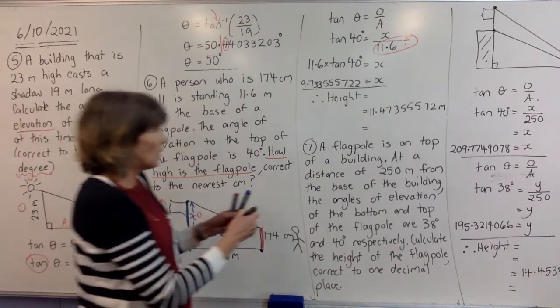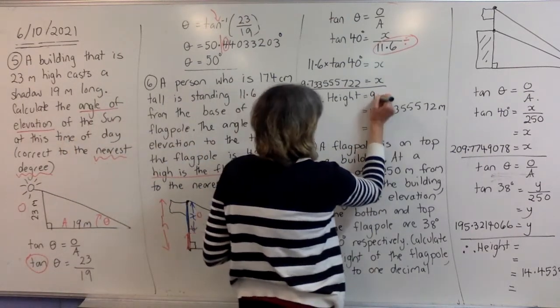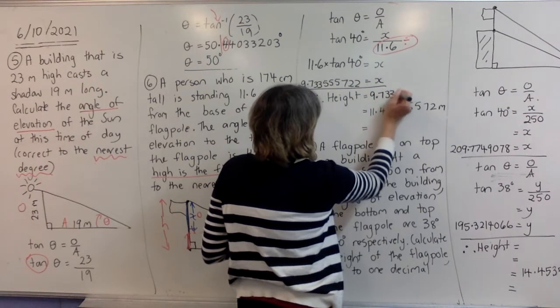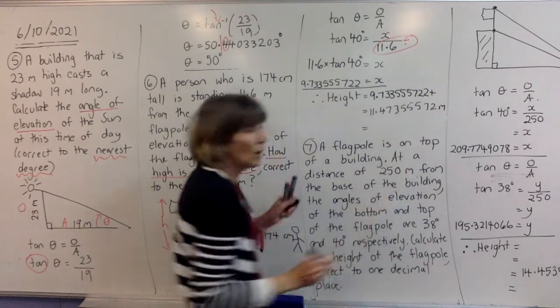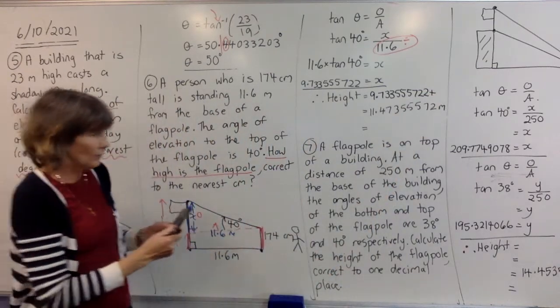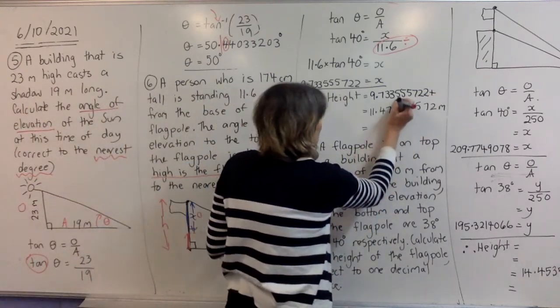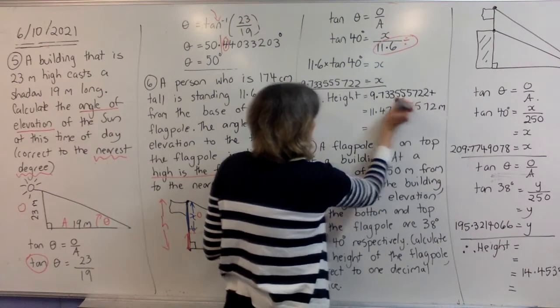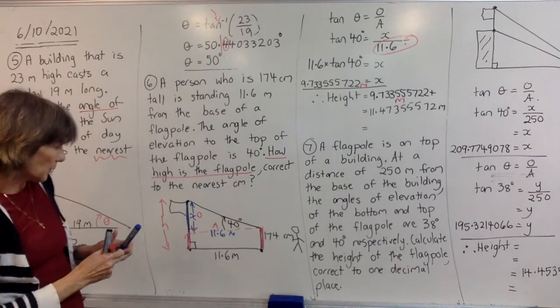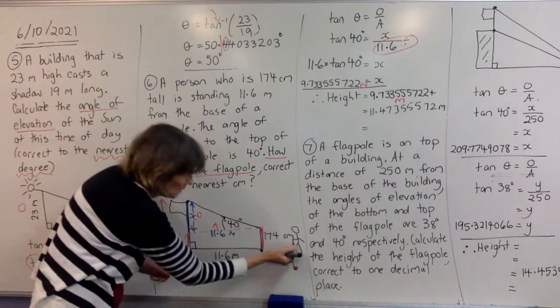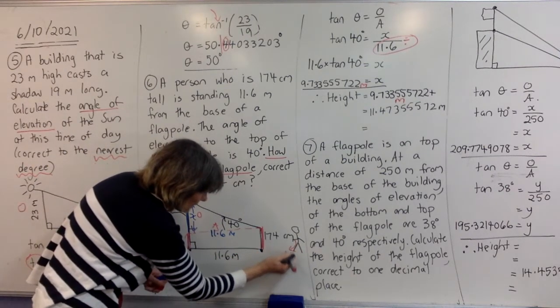Okay, so I'm going to write down what I just found. And I'm adding on his height. Now, the only thing you've got to be careful of here is that the number we just found was in metres because I used the 11.6. So his height has to be in metres. So we're going to convert this height to metres.